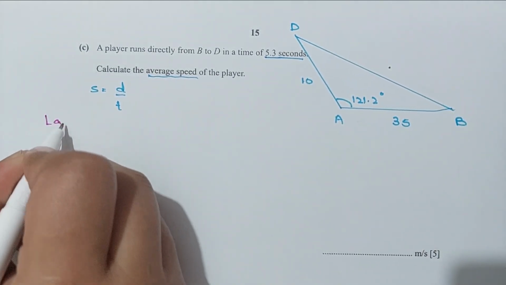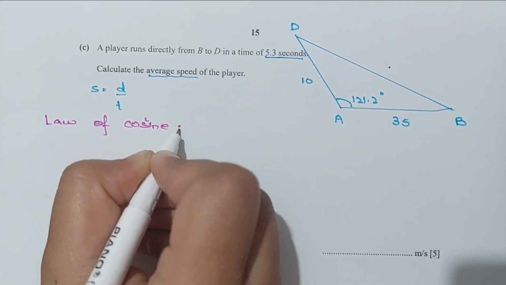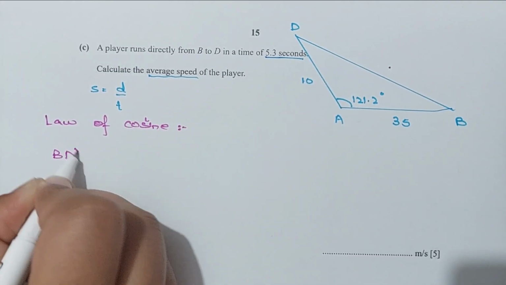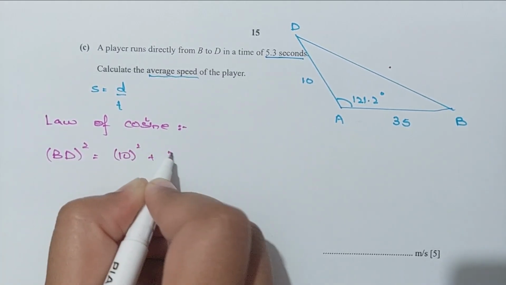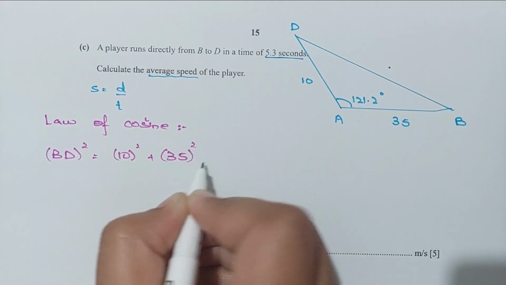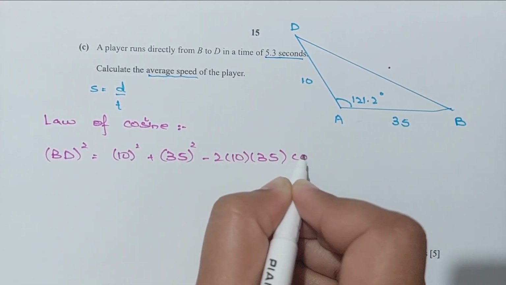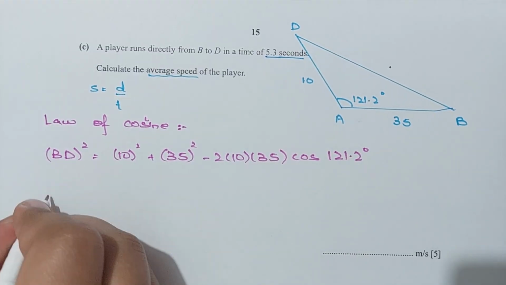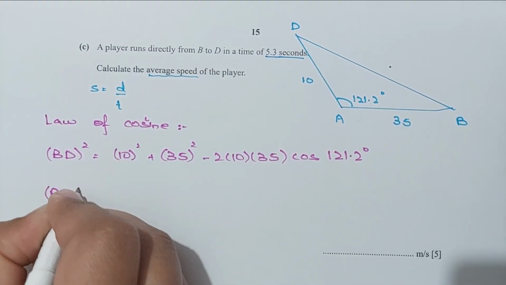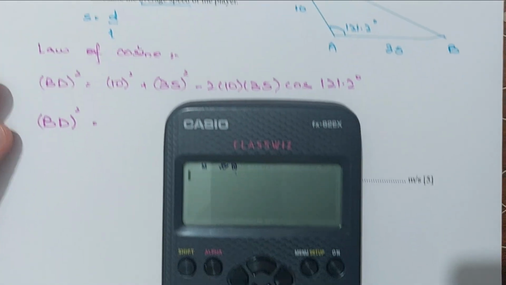So for law of cosine, we have BD square equals 10 square plus 35 square minus 2 into 10 into 35, and cos of the angle, 121.2 degrees. So BD square equals, let me do it.